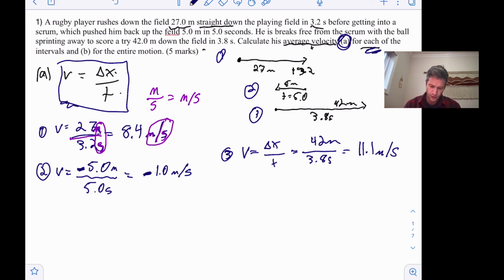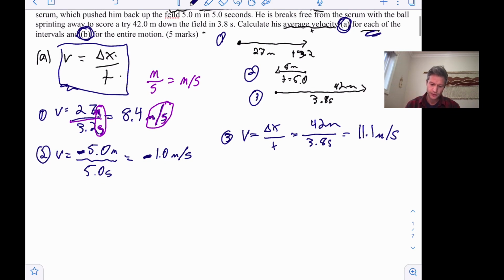So we can move onward now to part B. So for the entire motion, so from, let's use a different color. So from this point all the way through to here, all the way back this way, and then all the way to here.